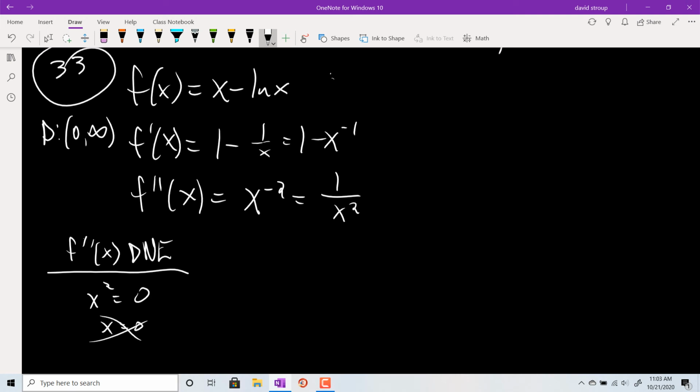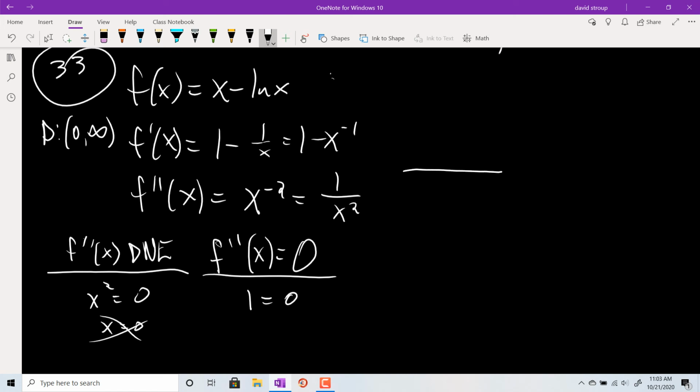That's not in our domain though, so we don't have to worry about it. And then does the second derivative ever equal 0? Well, you take the numerator and set it equal to 0, and no, that has no solutions. So it's not going to have any potential inflection points. It's just going to have the same concavity throughout its domain.